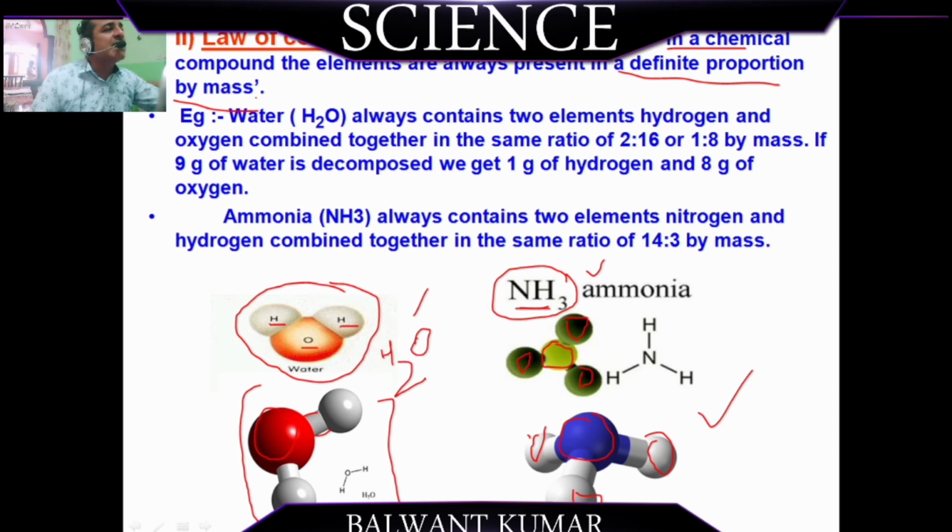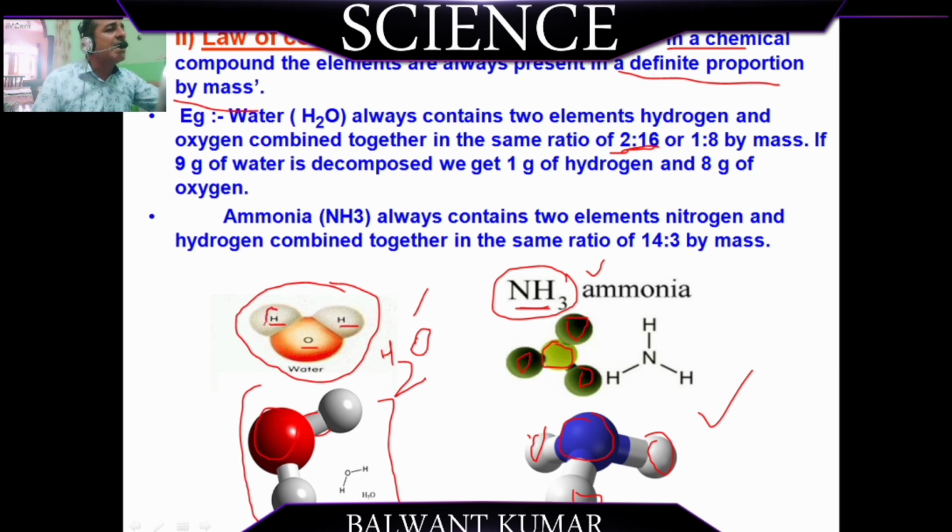Whenever we study a water molecule, we find that the two kinds of constituent atoms, hydrogen atoms and oxygen atoms, would be in fixed composition, in a definite proportion by mass of 2 is to 16, where 2 units are the mass of two hydrogen atoms.